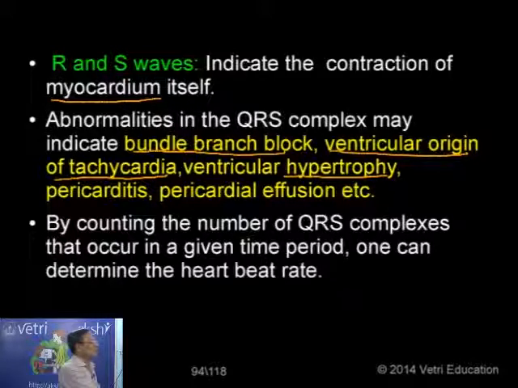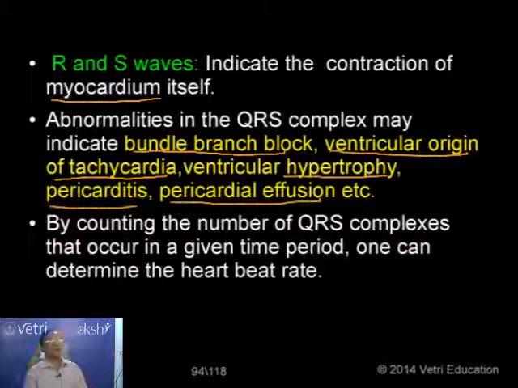Then pericarditis, the inflammation of the pericardium, the covering membrane of the heart. Then pericardial effusion. Pericardial fluid accumulates more and more between the outer and inner pericardial membrane, making it difficult for the person to breathe normally. So pericardial effusion is nothing but accumulation of pericardial fluid more and more between the two membranes of the pericardium, that is inner and outer.